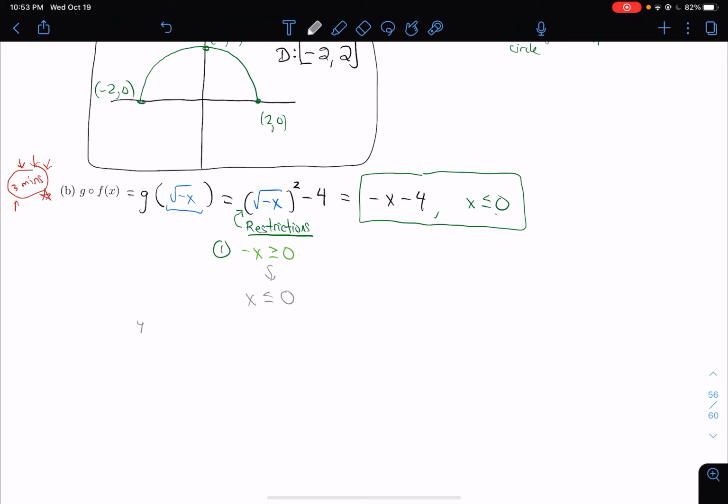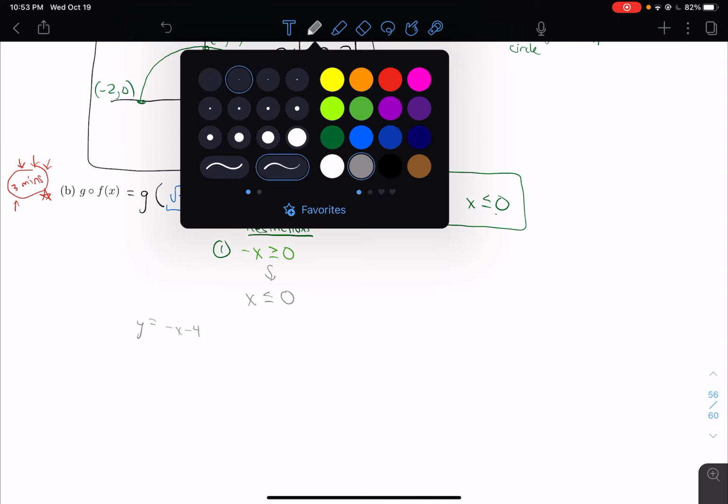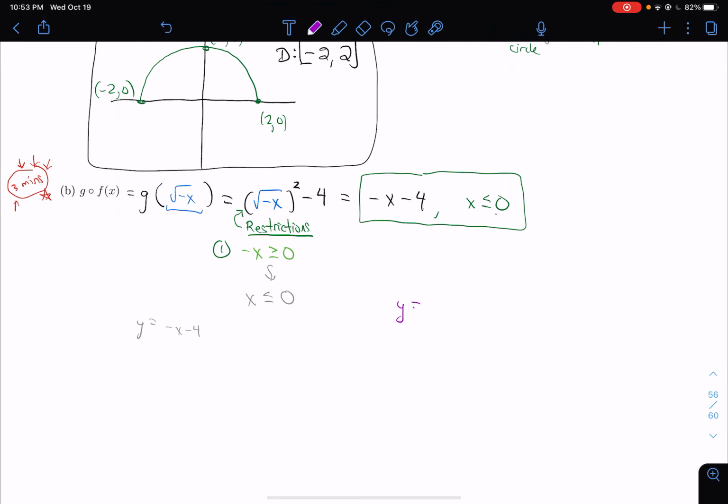So let's sketch this thing first without the restriction, just y equals negative x minus 4. And then I'll sketch it with the restriction, y equals negative x minus 4, but with the condition that x is less than or equal to 0. All right, so let me draw some axes for this first one, some axes for the second one.